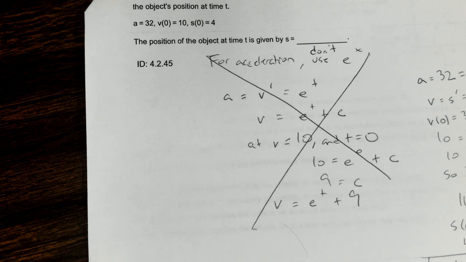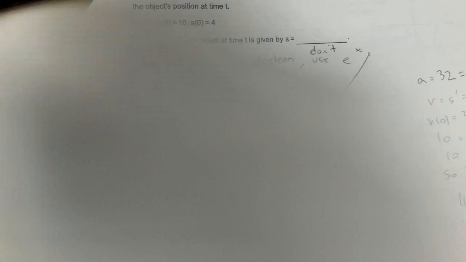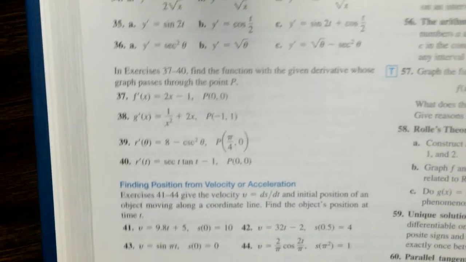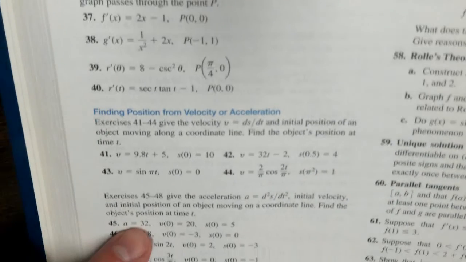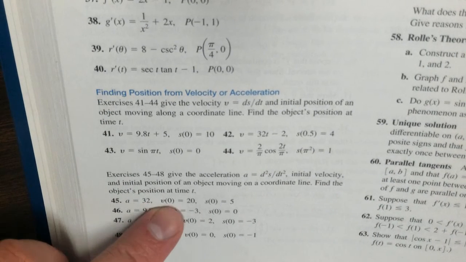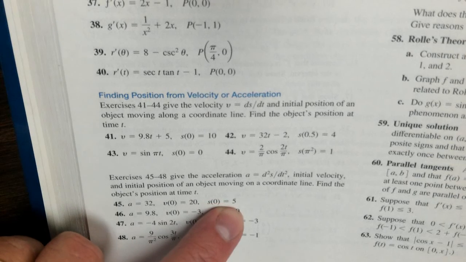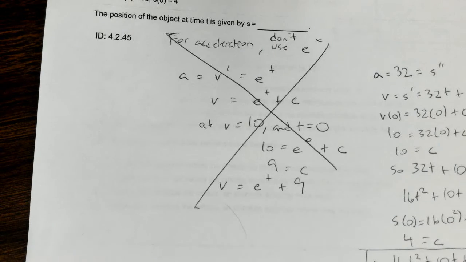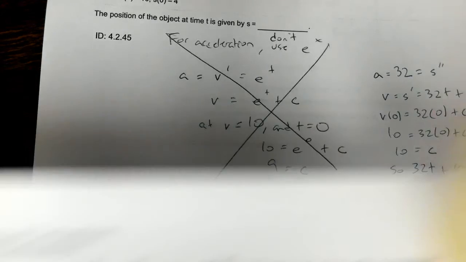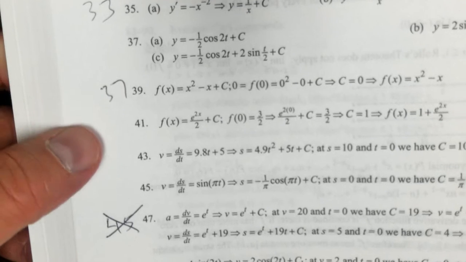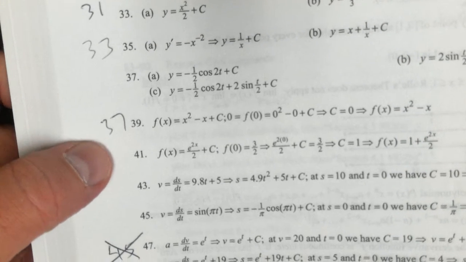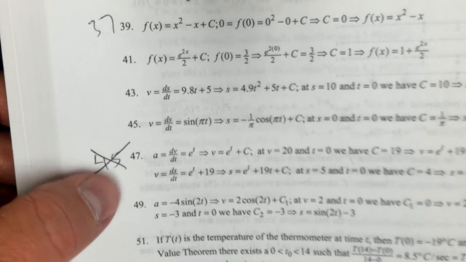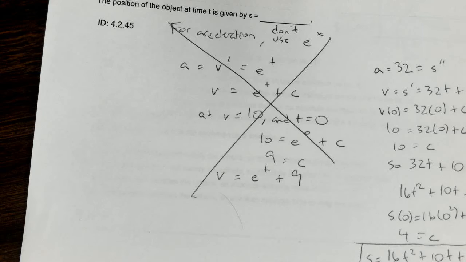The reason is because when I made this video, the numbering was all weird, and this one says a is 32 and v of 0 is 20 and s of 0 is 5, and in the document that I was using to make the video, that problem was not in here, and the numbering was all weird and everything, and so that was not the right way to do it. And so there is a much easier way. It's actually really simple once you understand it.